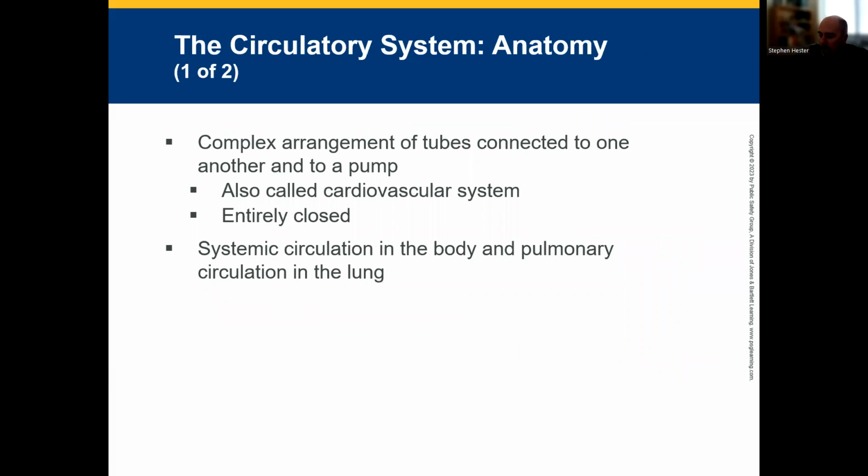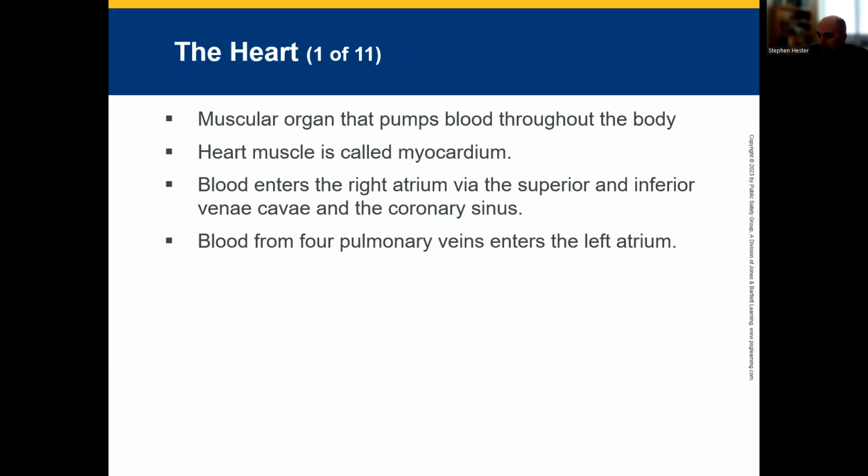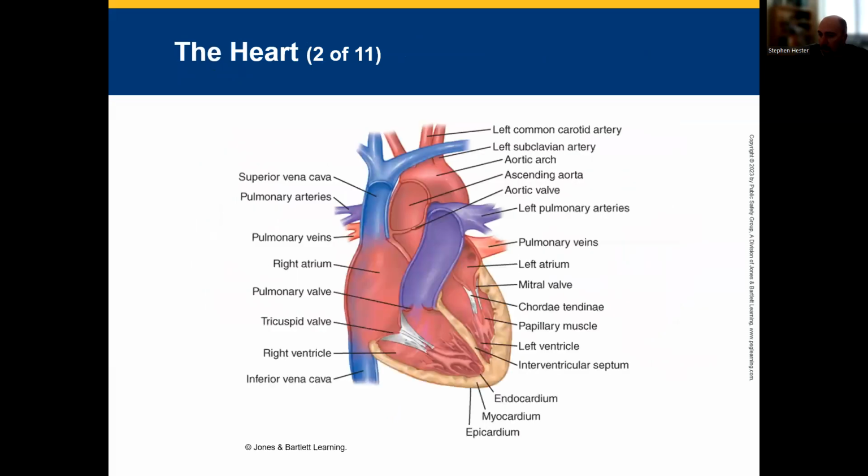Circulatory system. Our heart is a pump, but it also has an electrical system. It is completely closed, and it circulates around the body and through the lungs. What our heart does, the different makeups of the heart and the parts of the heart.